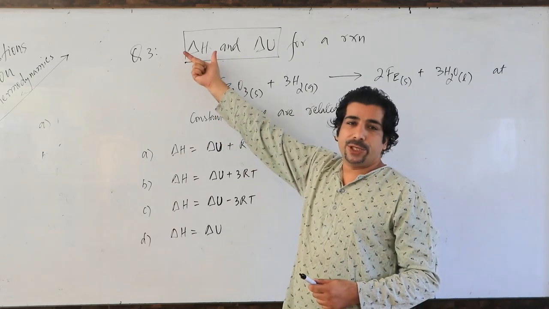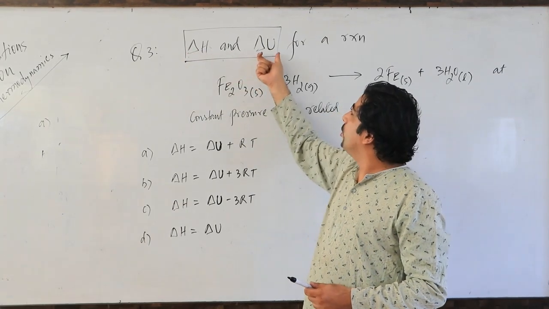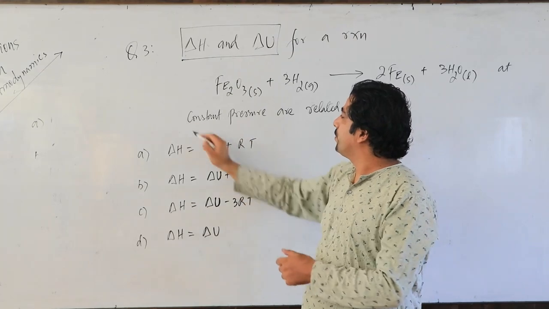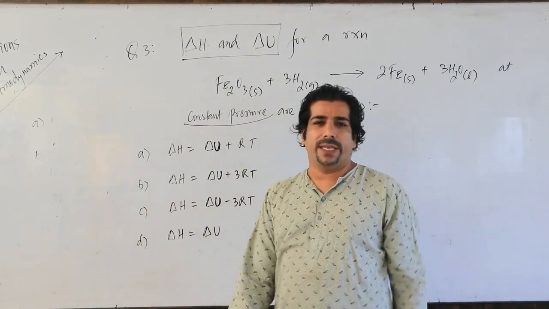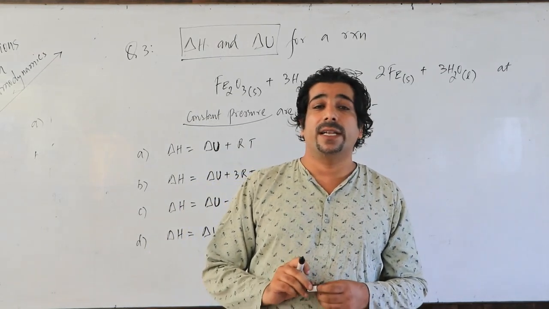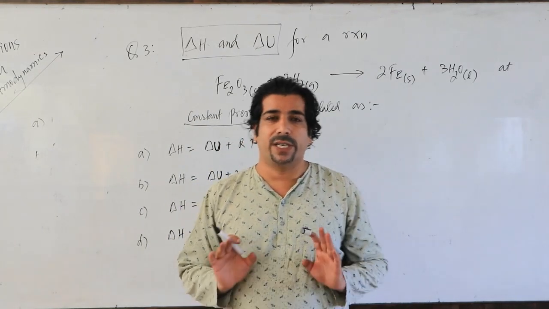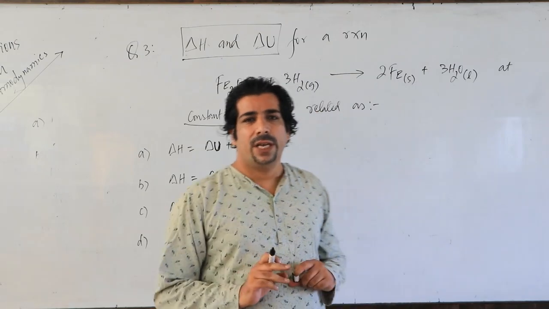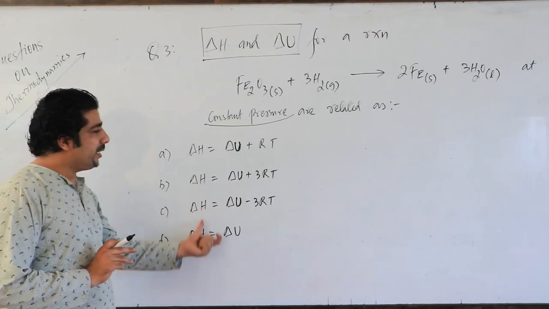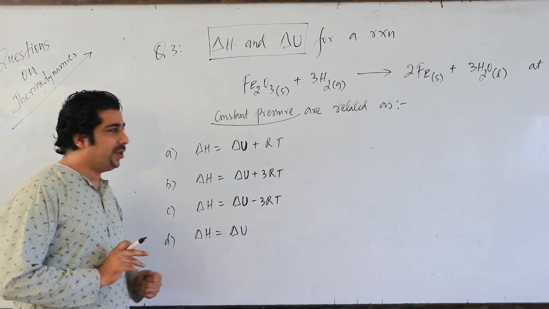What is the relationship between delta H and delta U for this given reaction at constant pressure? So I have to find out the relationship between enthalpy change and the internal energy change. My dear friends, if you look at this particular expression, we have already done it for a gaseous reaction, if you remember.